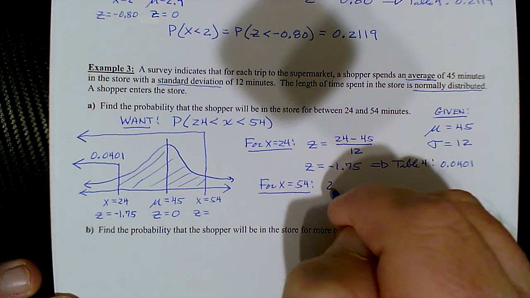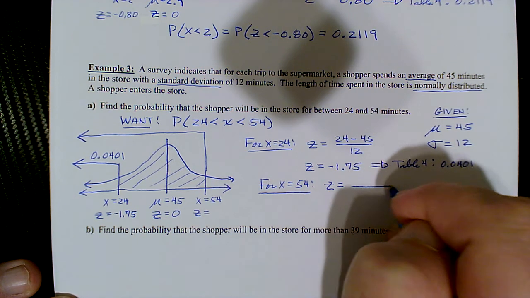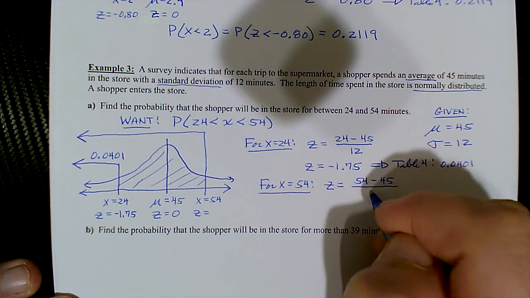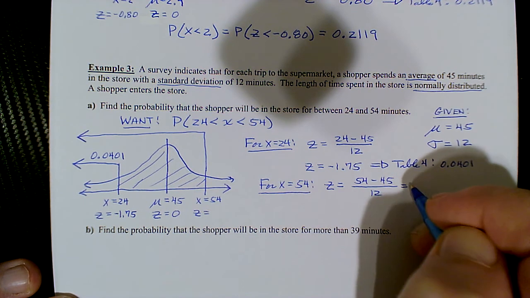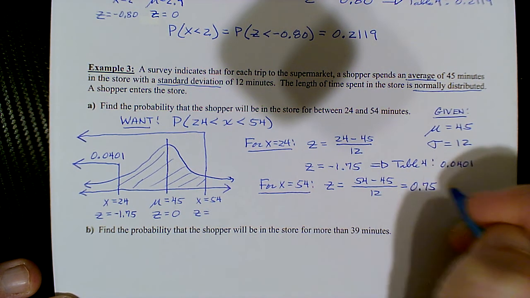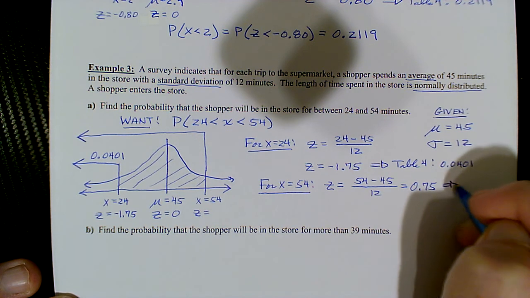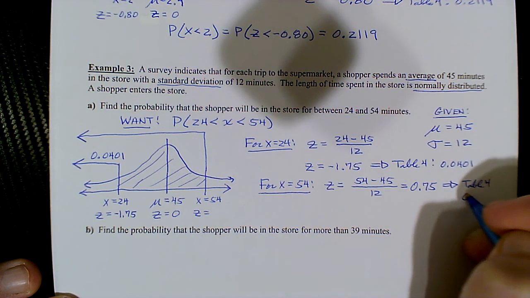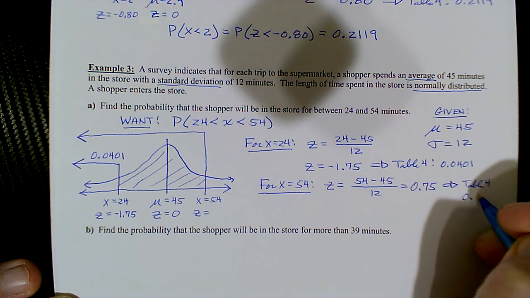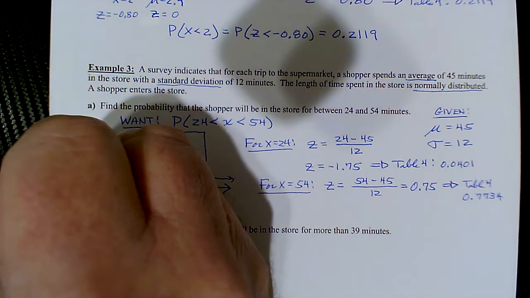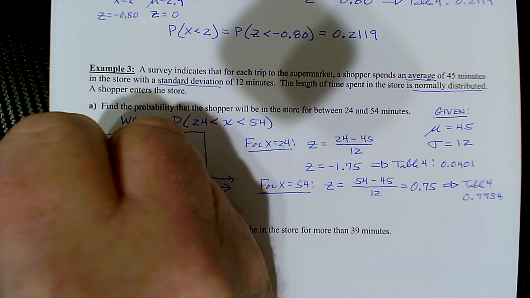Okay, calculate the z-score for 54. So we get 54 minus 45 over 12. And that gives a z-score of 0.75. So then again, table 4 gives us 0.7734. So I'll label that in our diagram.